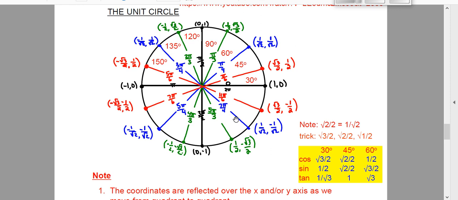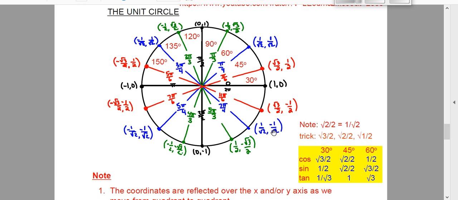But how can you reproduce this? One last time here. To answer the question, with an angle of 7 pi over 4, what are the coordinates? 1 over root 2. If you want, you can call that root 2 over 2. And then this one, negative 1 over root 2 or negative root 2 over 2.